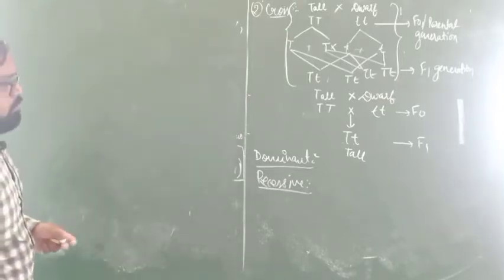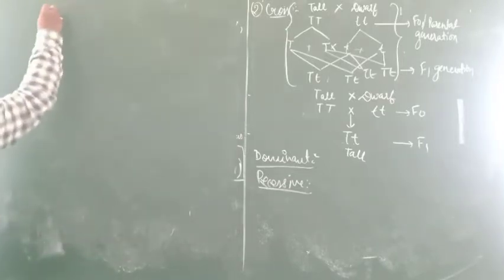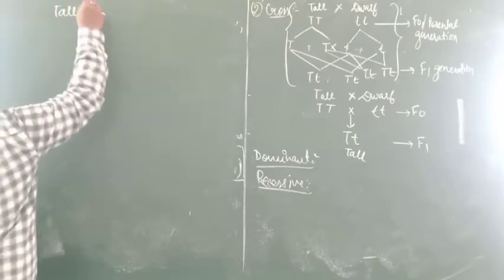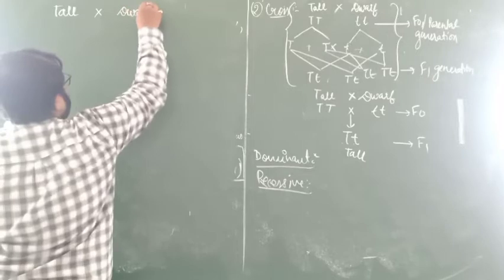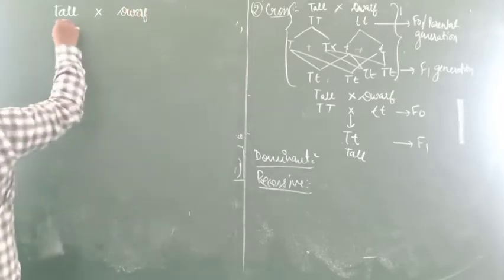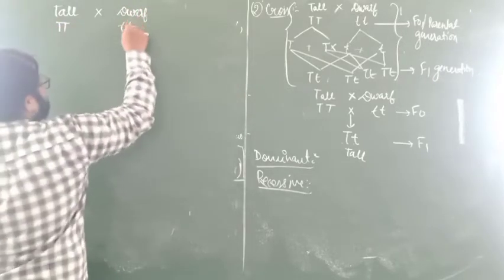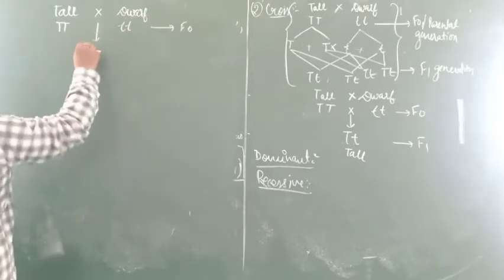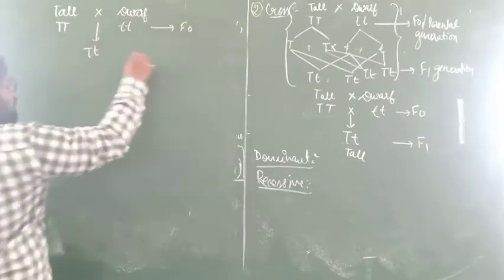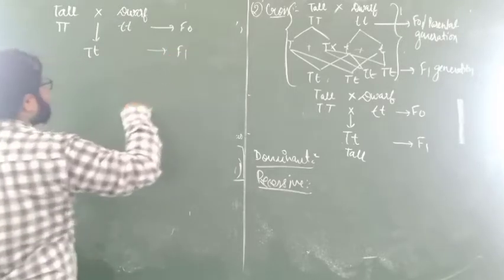Now listen very carefully. Suppose this one is the tall plant, and this one is the dwarf plant. Capital T is crossed with small t, that is the F0 generation, and capital T small t is obtained, that is the F1 generation.